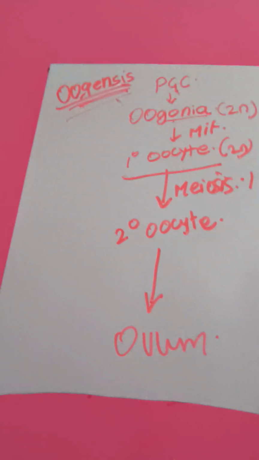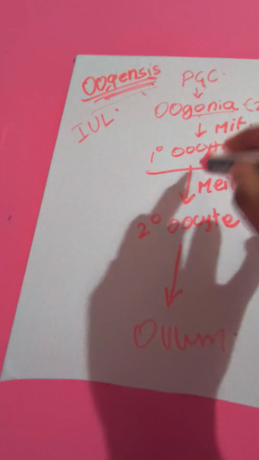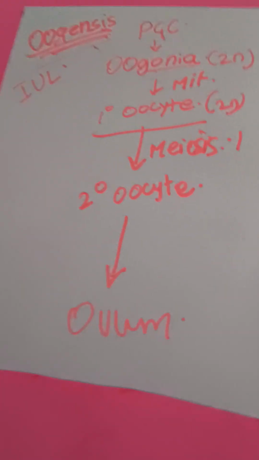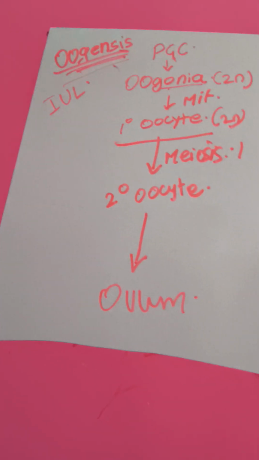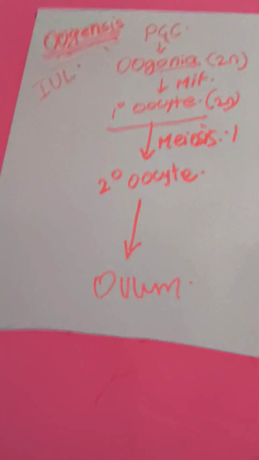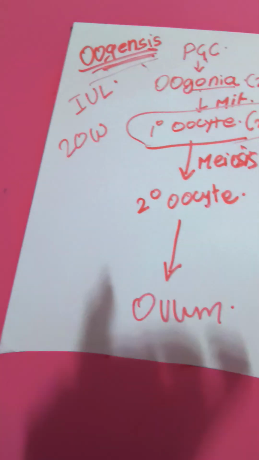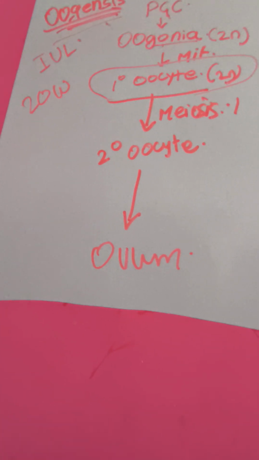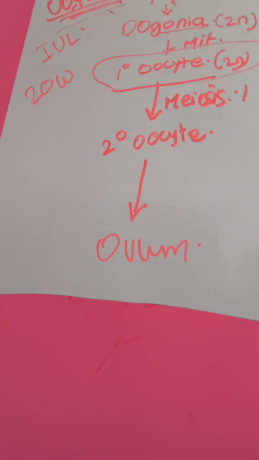Oogenesis begins in intrauterine life itself, and the oogonia undergo mitosis and produce primary oocytes before birth only. Maximum primary oocytes are present at the 20th week of intrauterine life, and till birth the number reduces from 7 million to 2 million.